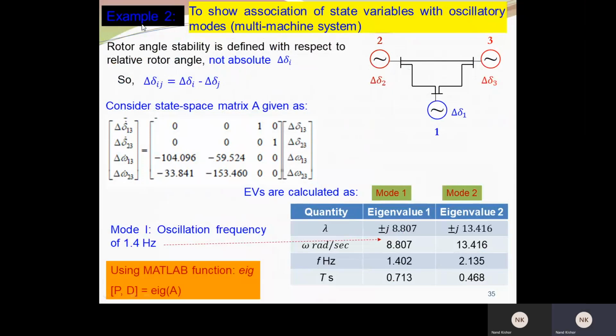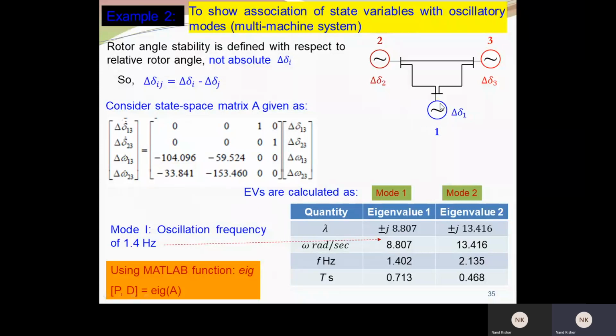With this example, which we have from one of the books by Peter and Sauer, I think, we have the state space matrix A with the given parameters as shown over here. So we have the difference of the rotor angle between the generators.